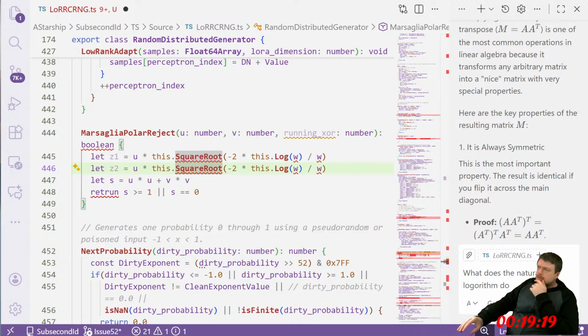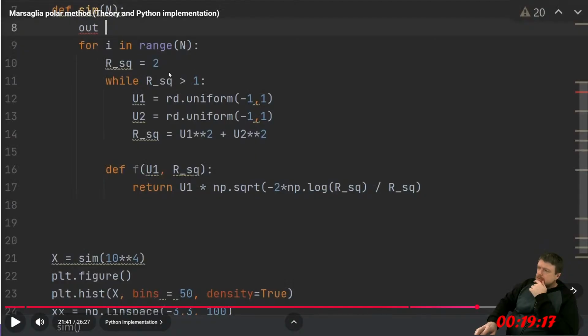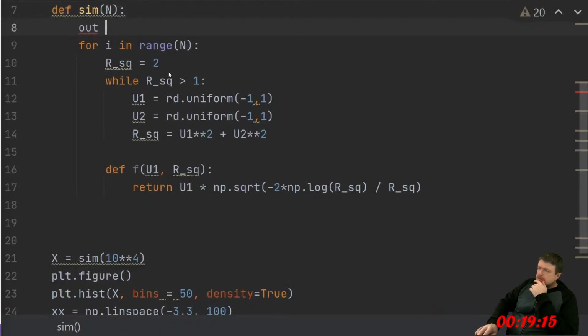I'm just confused, like, what is he doing? Is this different?